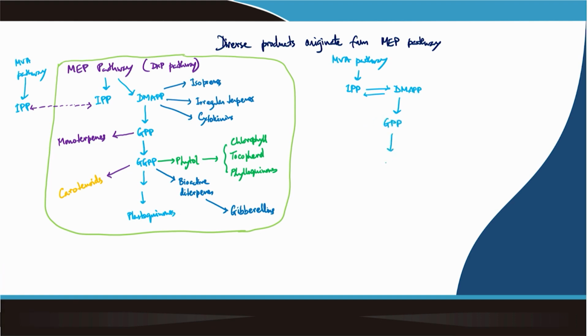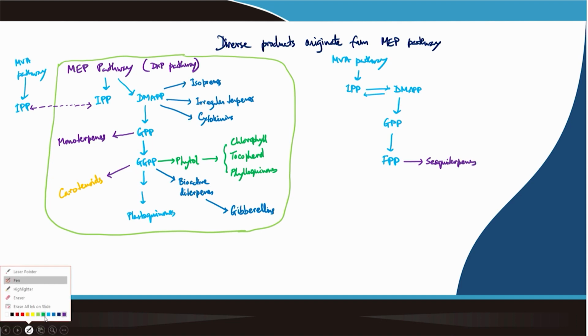Now, this GPP makes FPP, farnesyl pyrophosphate, and this FPP plays an important role in the synthesis of sesquiterpenes and triterpenes. One route goes to sesquiterpenes, another route goes towards the formation of triterpenes.